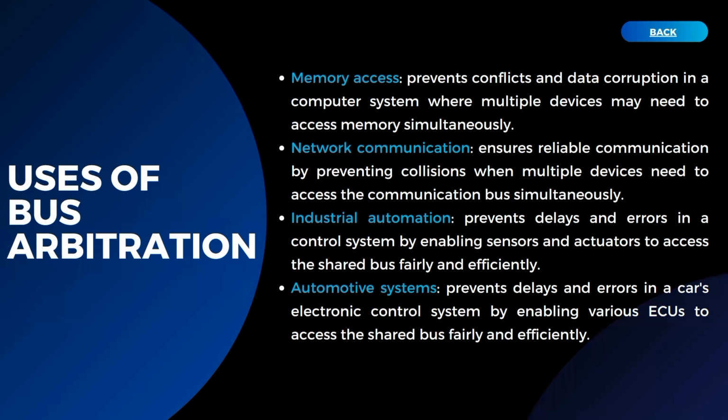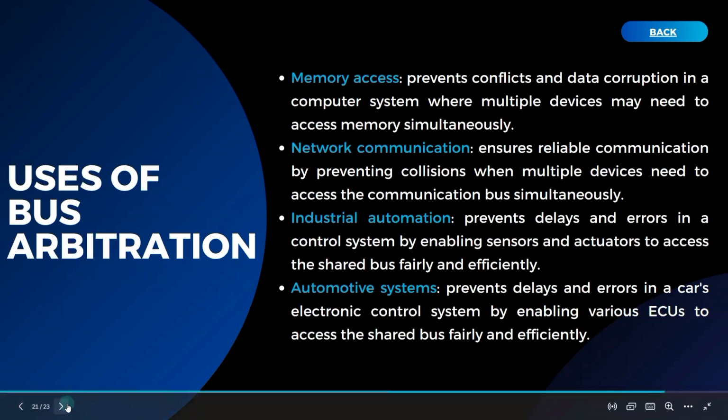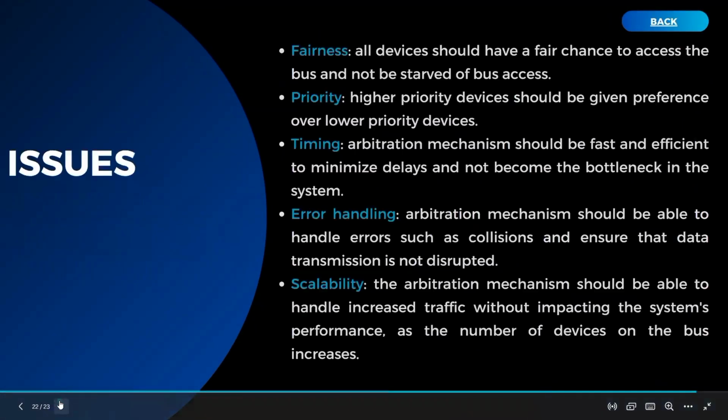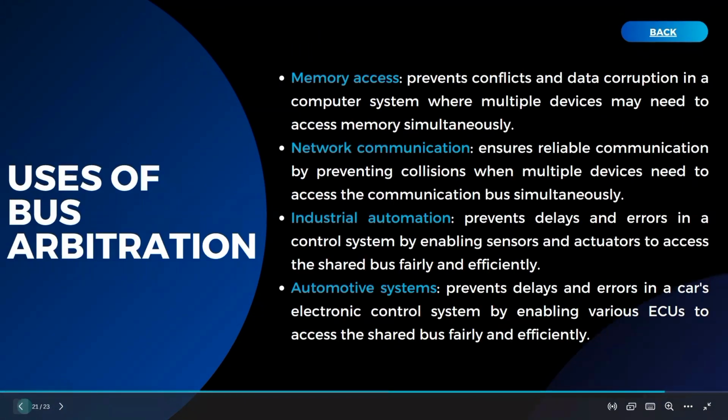preventing conflicts and data corruption. Network communication. In network communication, multiple devices may need to access the communication bus simultaneously to transmit data packets. A bus arbitration mechanism ensures that only one device can transmit at a time, preventing collisions and ensuring reliable communication.